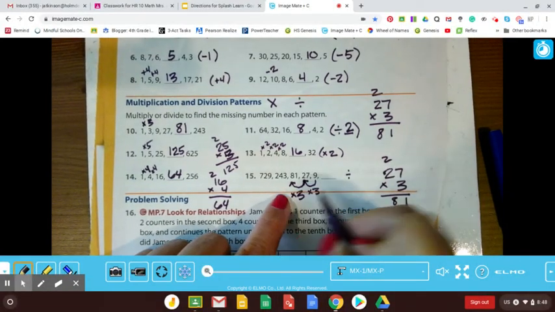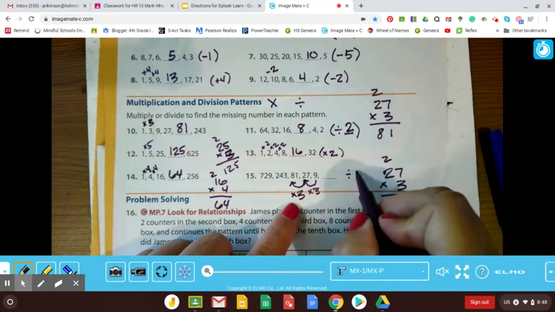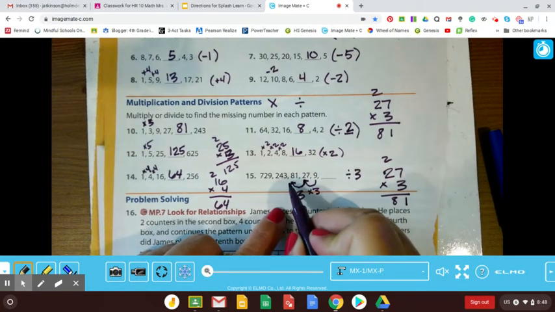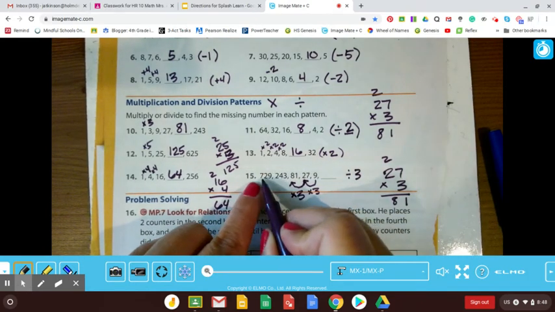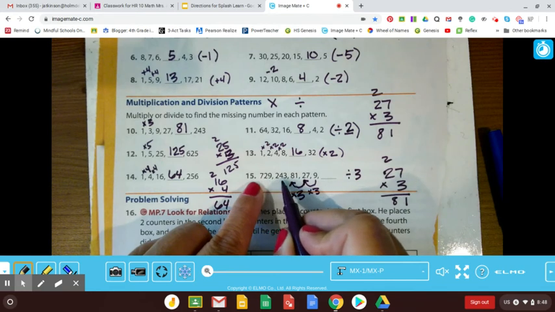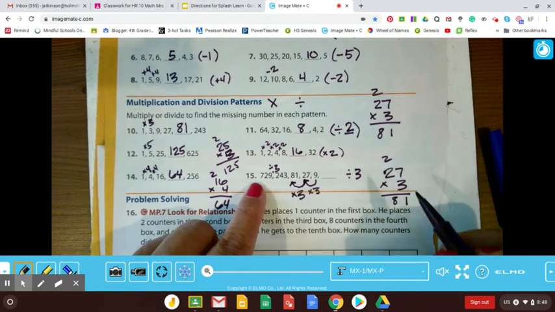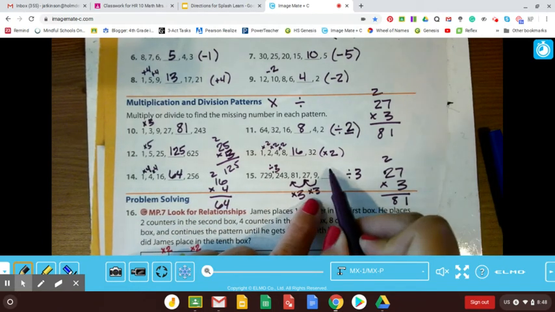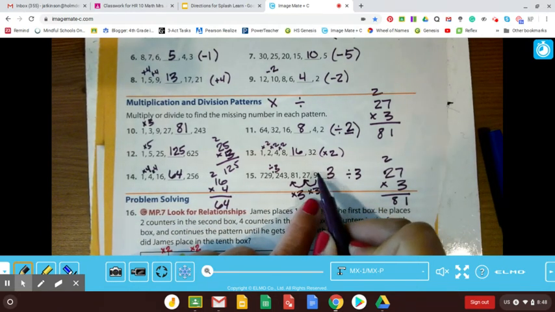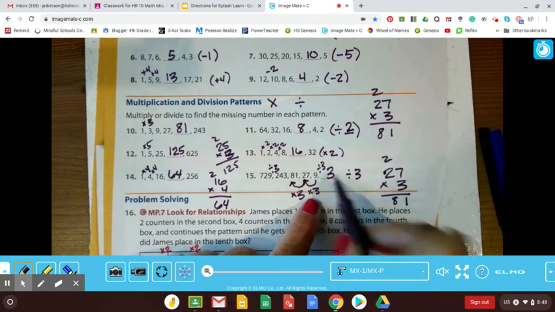So this pattern is going to be divide by 3, because remember, I was working backwards, so I have to switch it. To get from 729 to 243, we're dividing by 3. I just don't feel like doing all that hard work. So our number here would be a 3, right? 9 divided by 3 is 3.